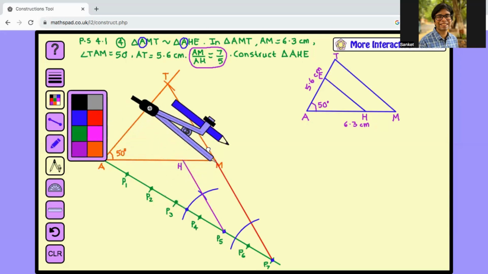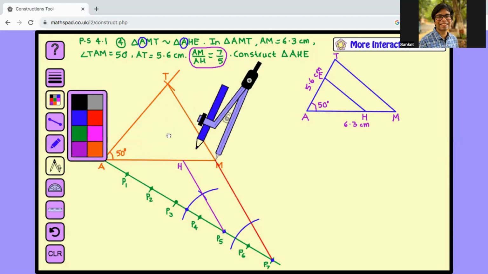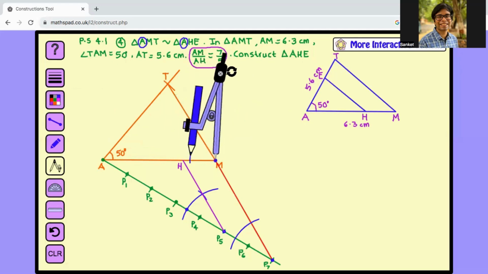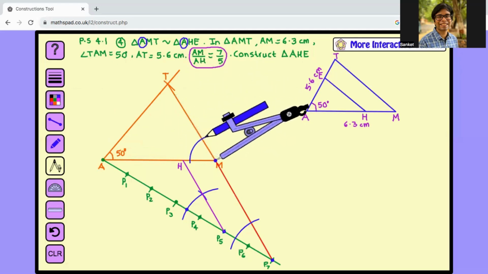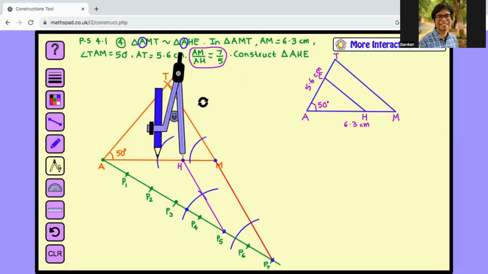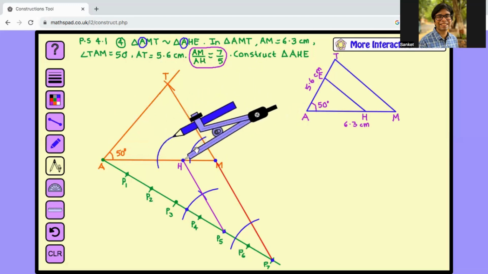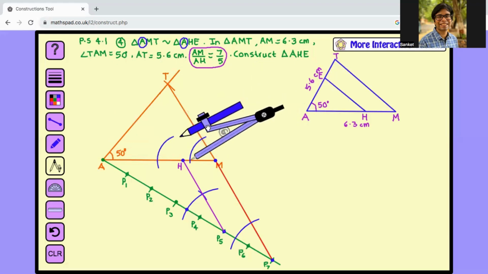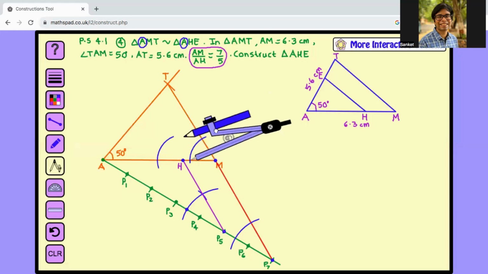I'm going to place my compass on point M. Take any distance in the compass and I'm going to draw an arc. With the same distance, I'm going to draw an arc from point H. Now I'm going to place my compass at this point and measure distance from here to here.